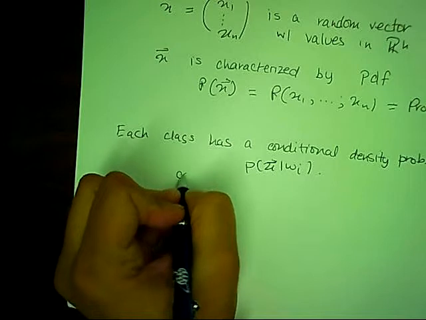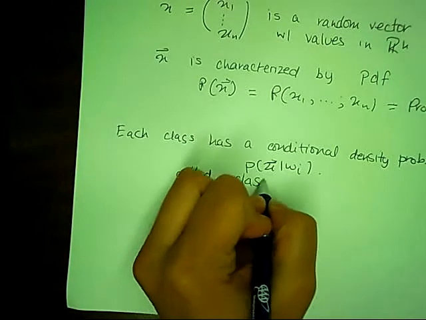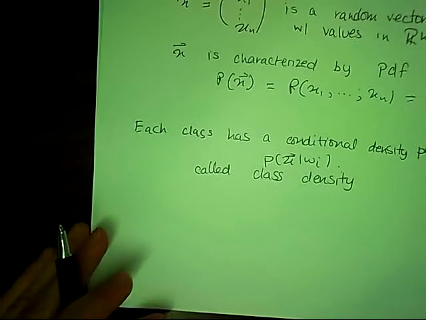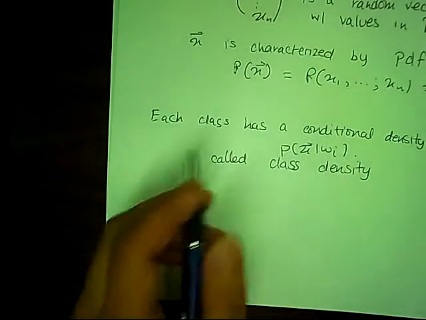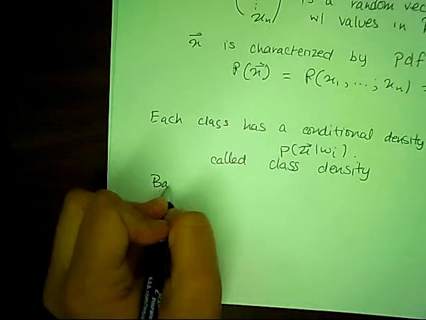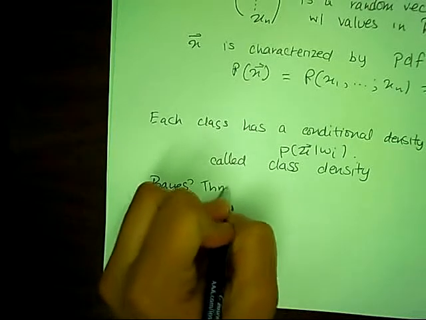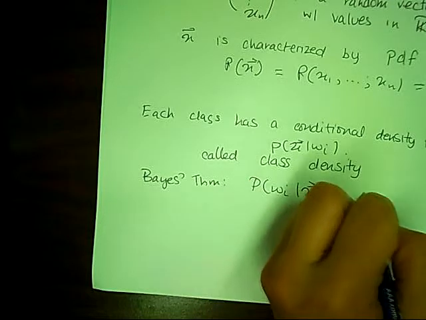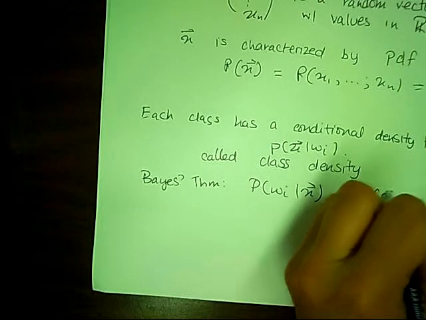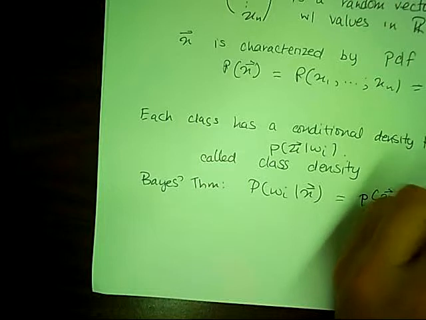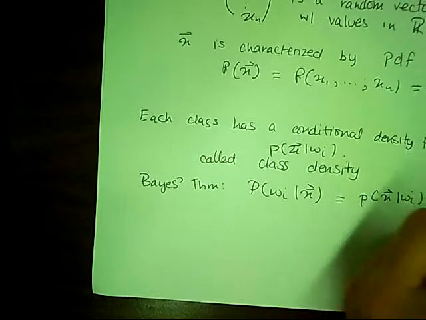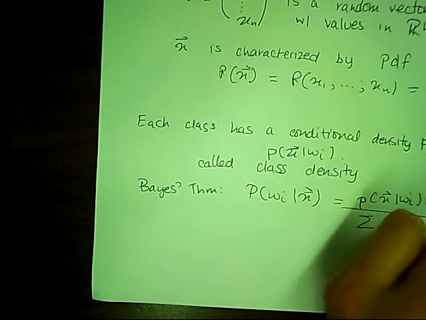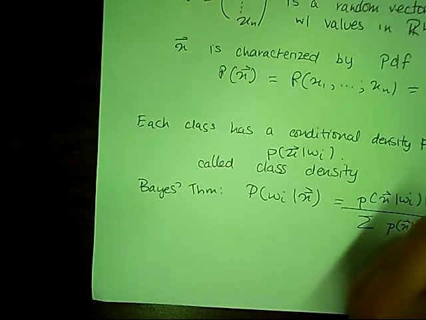This can also be called the class density. Now, we again recall Bayes' theorem: the probability of ωi given x bar is the prior of ωi over the summation of P of x bar given ωi, the prior of ωi.